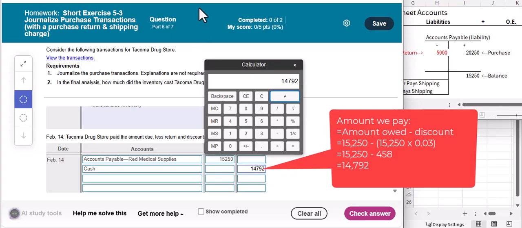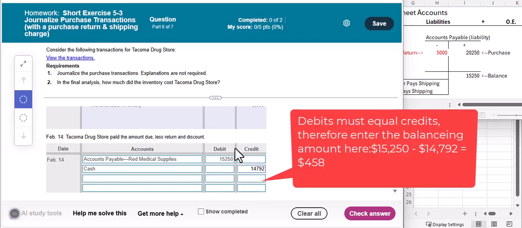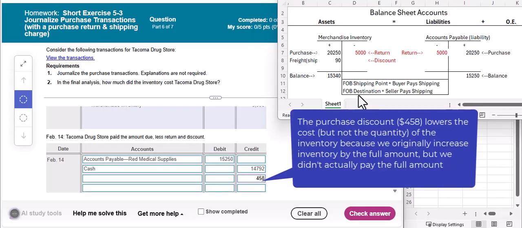Now, if we take a look here at our transaction, it does not balance. So we have to be thinking about what our balancing account is. In order to balance this transaction, we're going to need 458 as a credit. And what account does that get credited to? Well, remember, if we take a look at our T accounts, when we pay inventory early and get a discount, it's going to lower the cost of inventory.